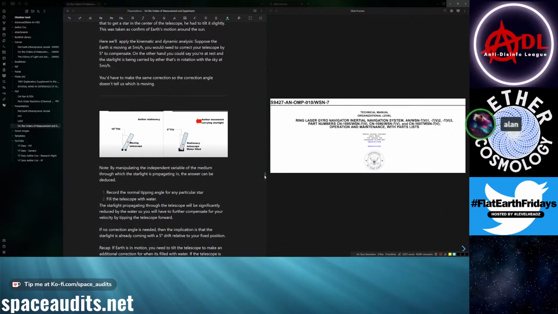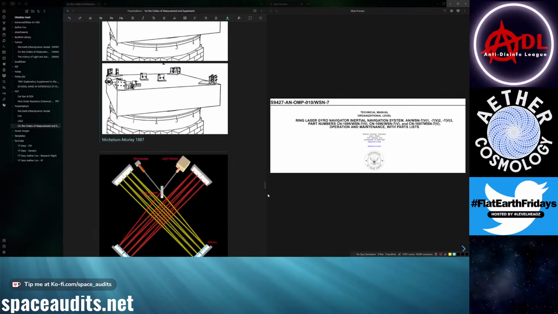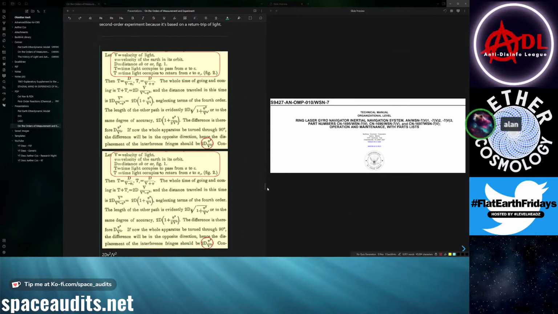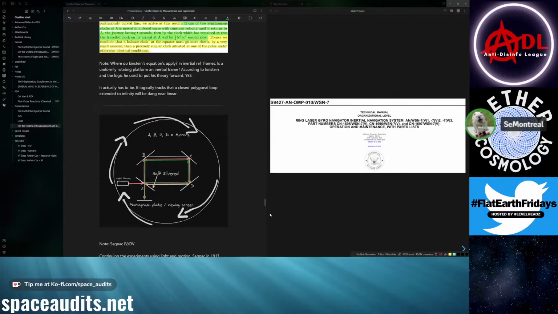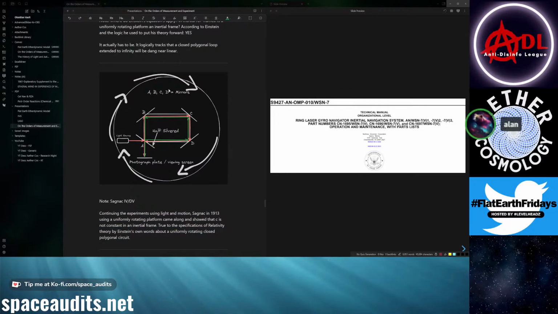Okay, so if you have this circle here, say this disk is a platform, and then you have 4 mirrors placed on it, and then you have a light source, and then the beam gets split by the mirrors, gets reflected around in a loop, clockwise and counterclockwise, and then it returns where it started.